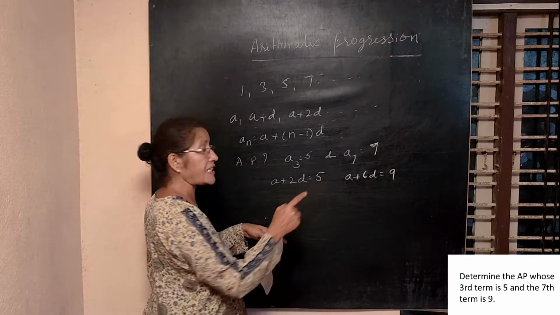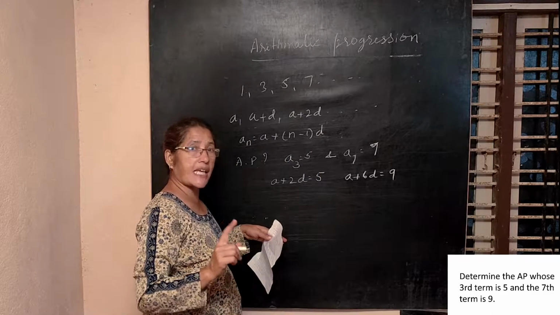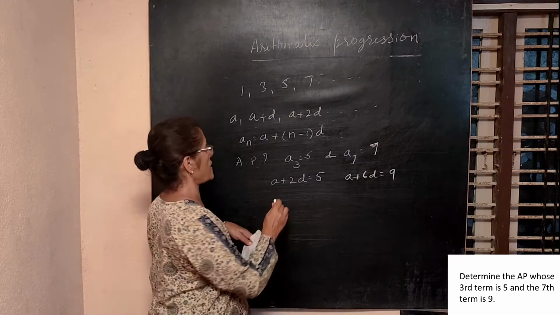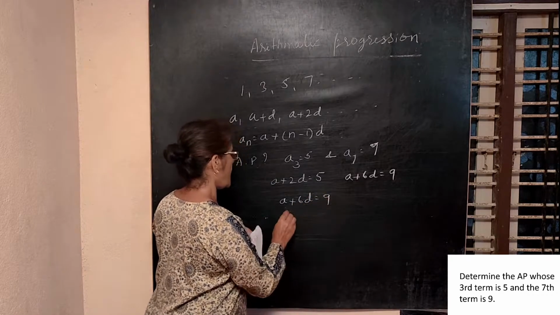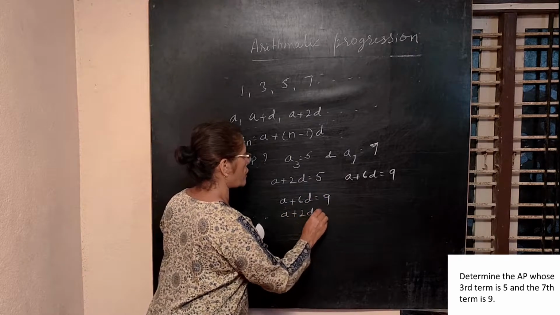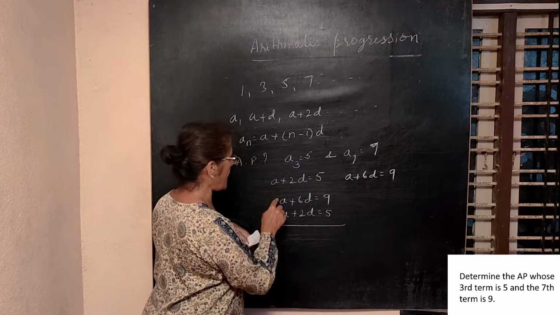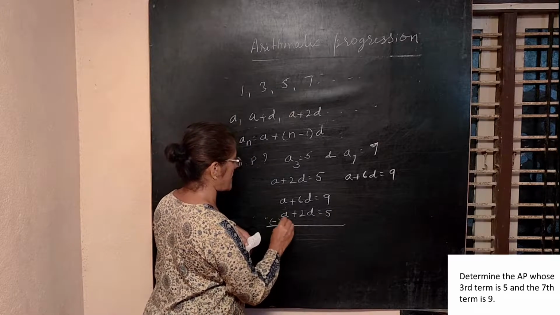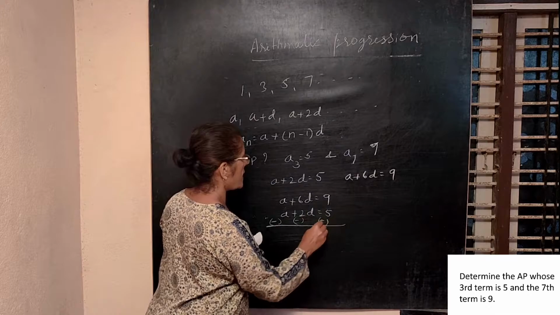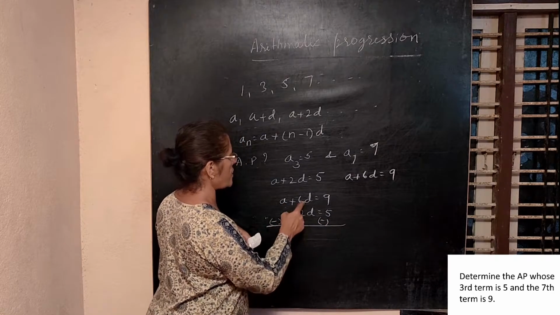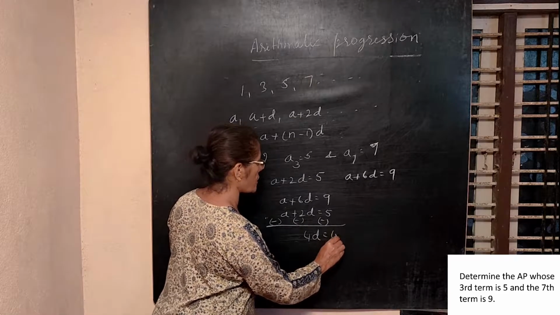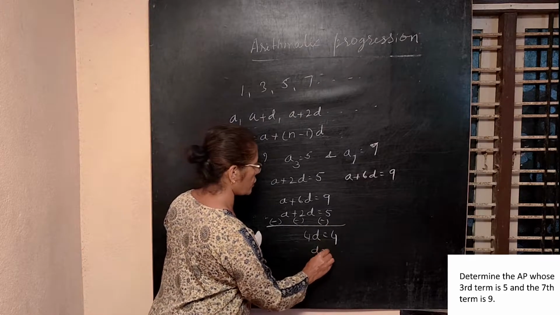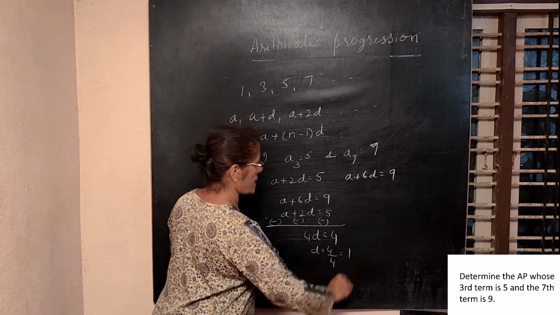If I take these two equations as simultaneous linear equations, I write down a plus 6d is equal to 9, a plus 2d is equal to 5. a and a I can cancel, so I can subtract. a minus a is 0, 6d minus 2d is 4d, 9 minus 5 is 4. So d is equal to 4 divided by 4, which is 1.